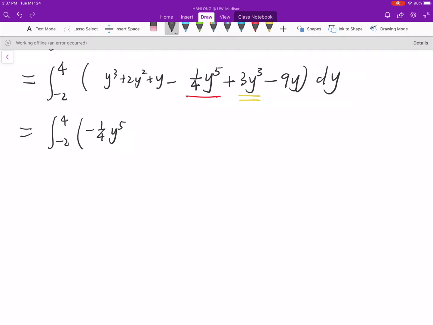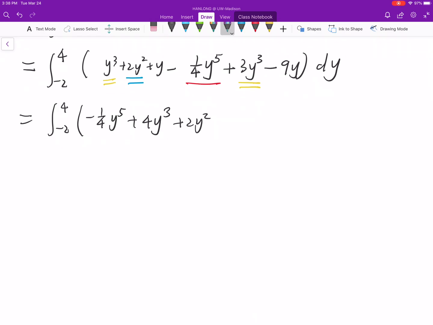So you have, and also this, so plus 4y cubed, and then you have the quadratic term 2y squared, and then you have linear terms minus 8y. Okay, so that's it.